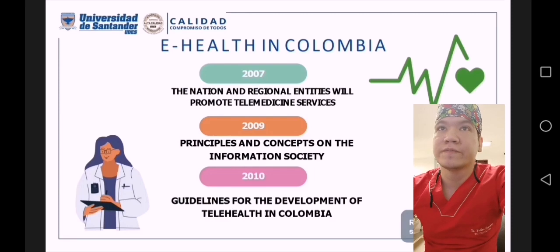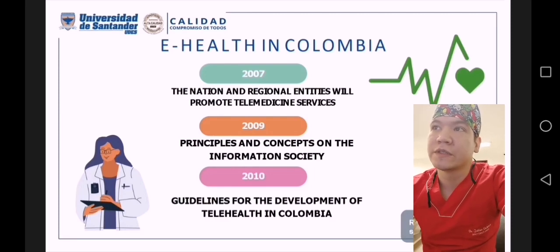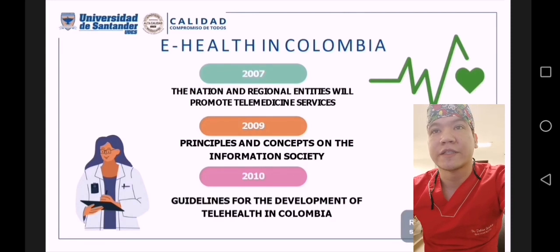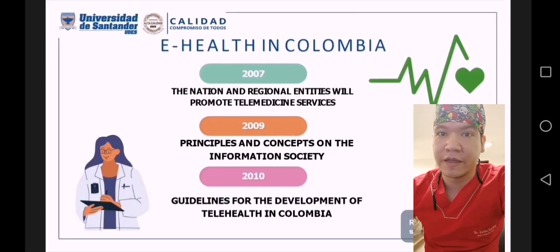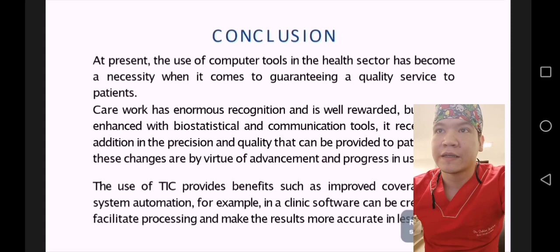And finally, the conclusion is that at present, the use of computer tools in the health sector has become necessary to guarantee a quality service to the patient. The patient is the priority. Care has enormous requirements.